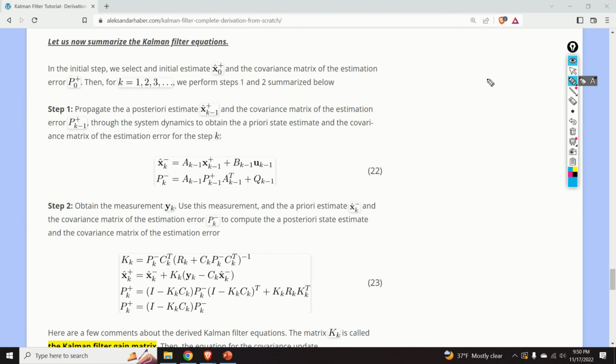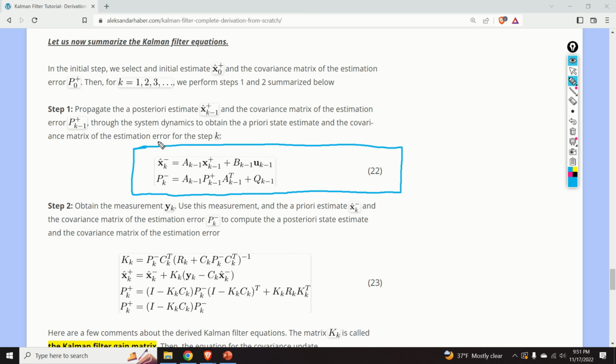Here's the summary of the Kalman filter equations. These two equations govern the time propagation of the a posteriori estimate to compute the a priori estimate for the next time step, and the propagation of the a posteriori covariance matrix to compute the a priori covariance matrix for the next time step.